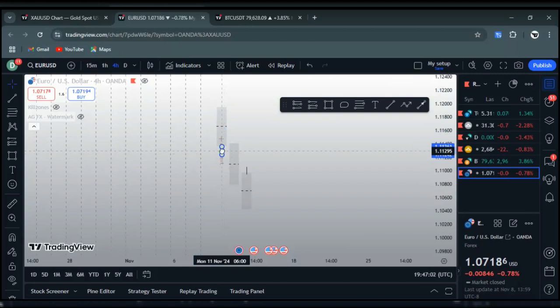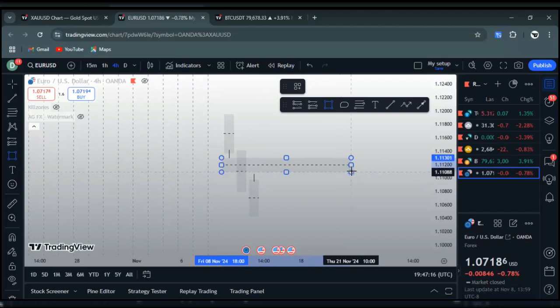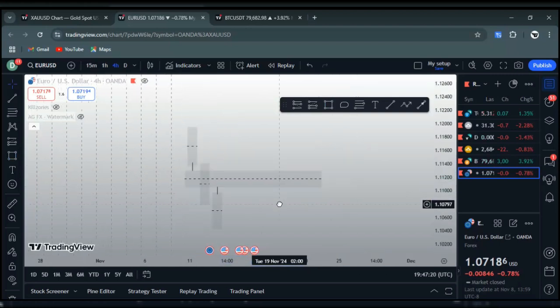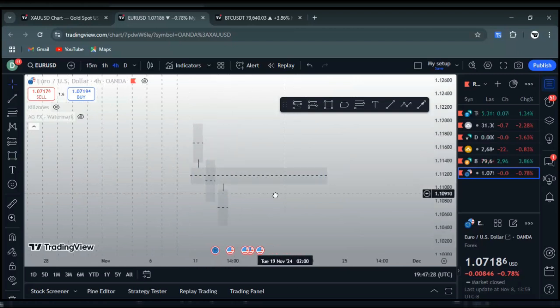This is one of the simplest things you can learn in this class, but I'm just brushing it through. So the space in between these three candles is what we call the fair value gap.